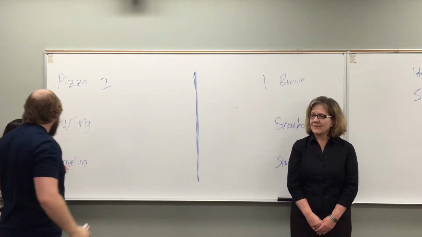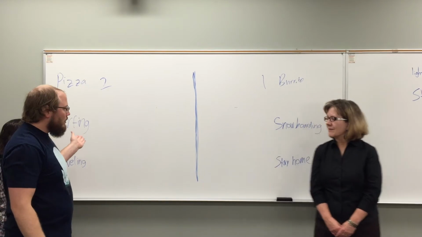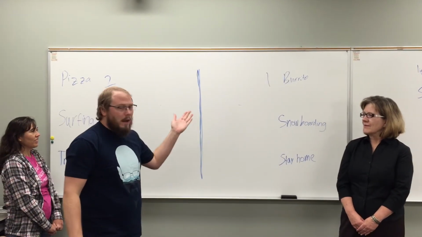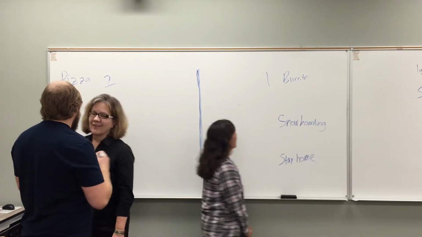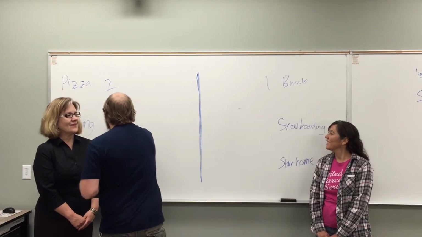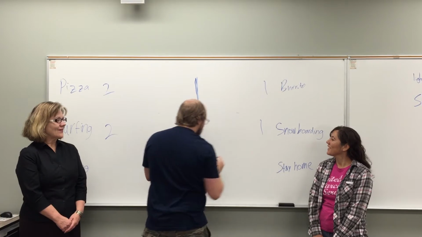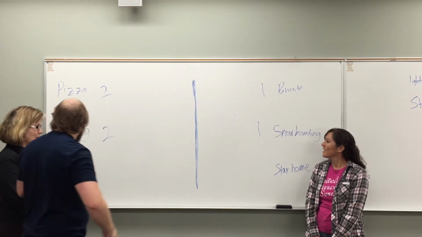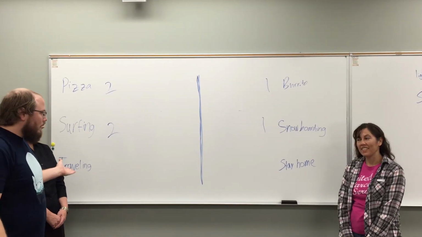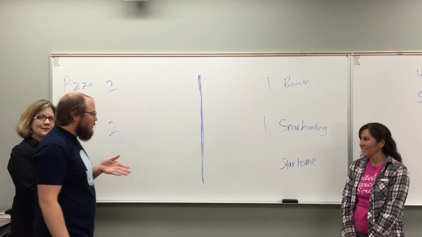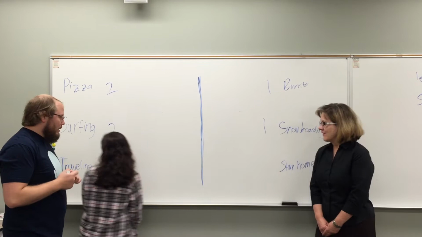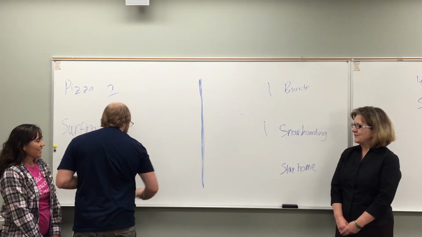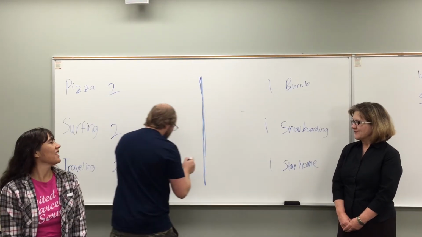Then I would say, who would rather go surfing or learn how to snowboard. And then we'd have everyone switch, and then it would be 2 to 1. And then I would ask them who enjoys traveling on vacation or who would rather stay home. And then we could just write the numbers 2 to 1.